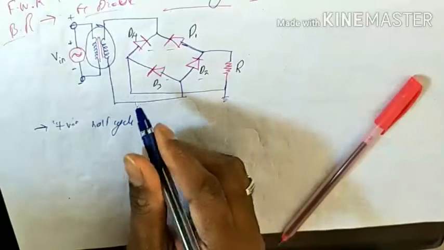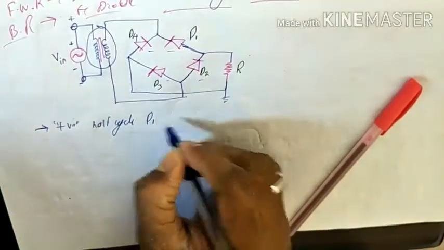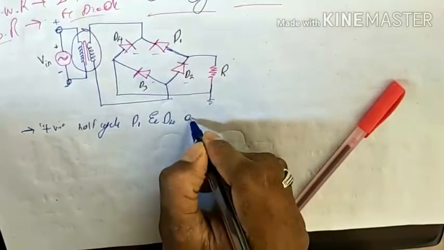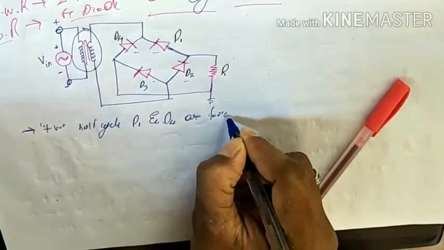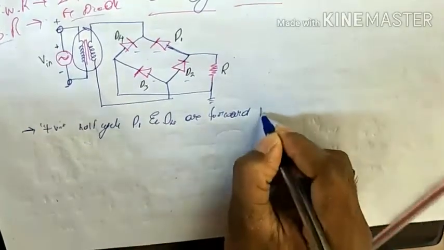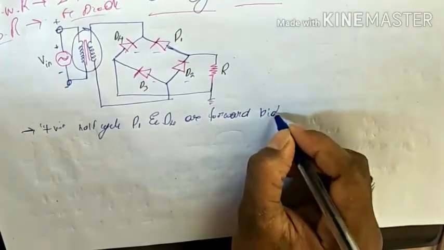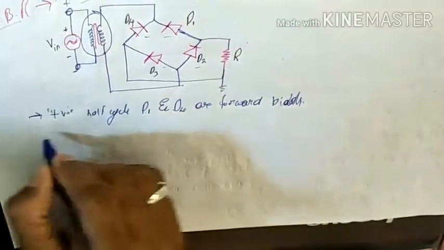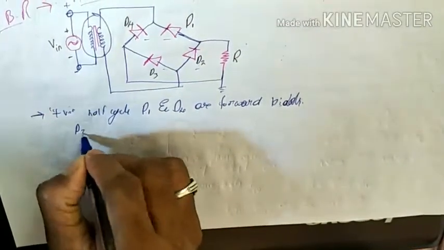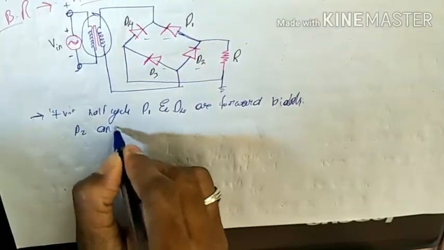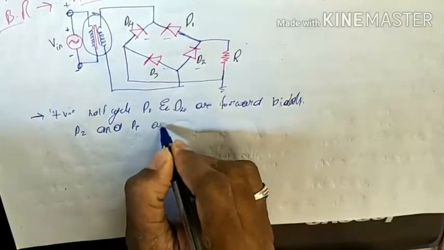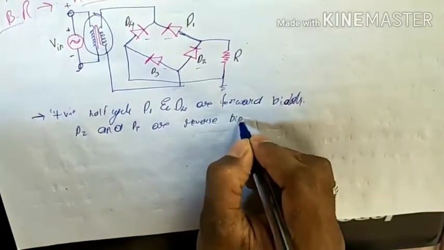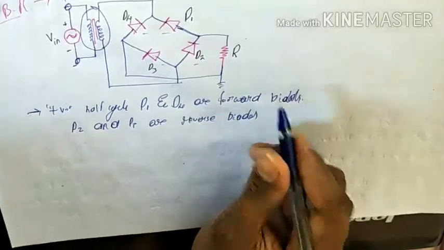the two diodes, what are those? D1 and D4 are forward biased, same as in the full wave rectifier, and the remaining D2 and D3 are reverse biased.